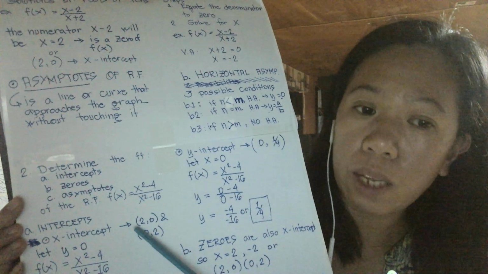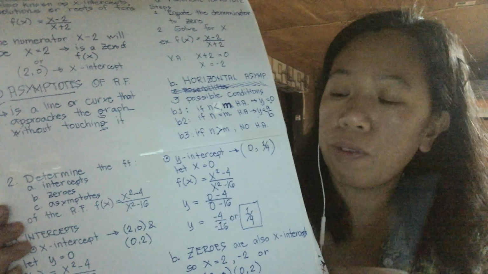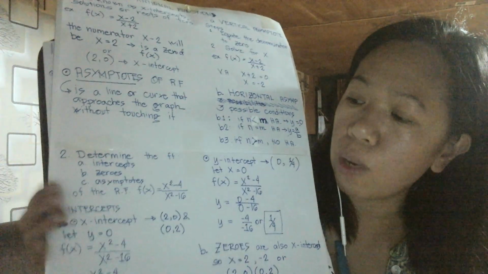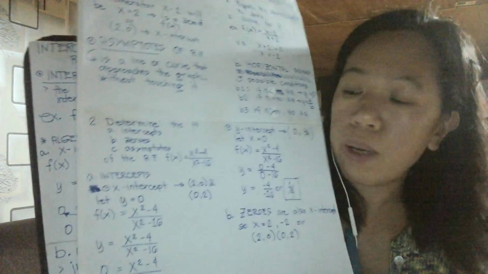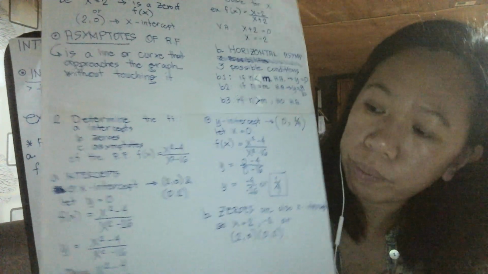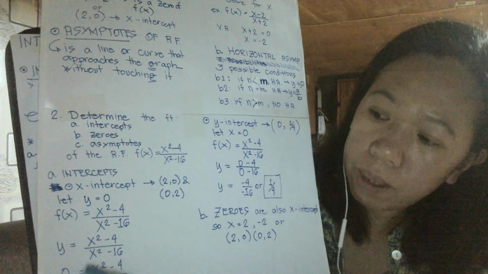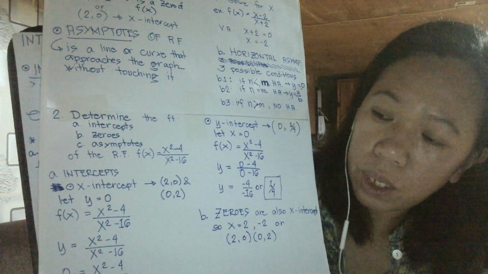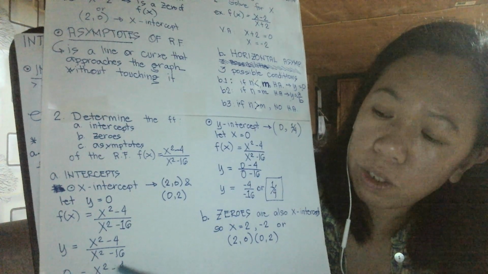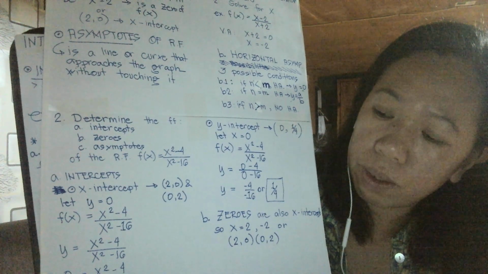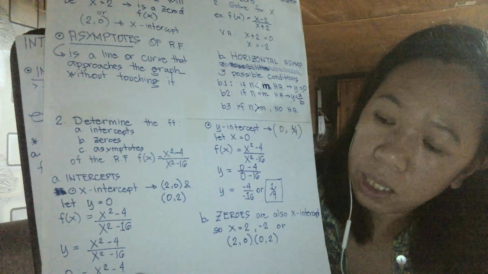X-intercept, so we said we have to find the x-intercept by letting y be equal to 0. So we let y be equal to 0. Okay. So 0 will be equal to x squared minus 4 over x squared minus 16.